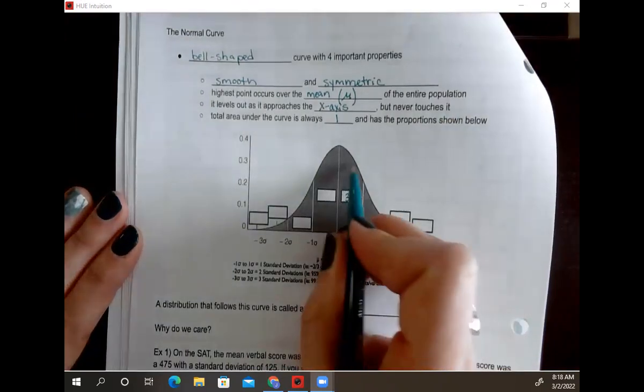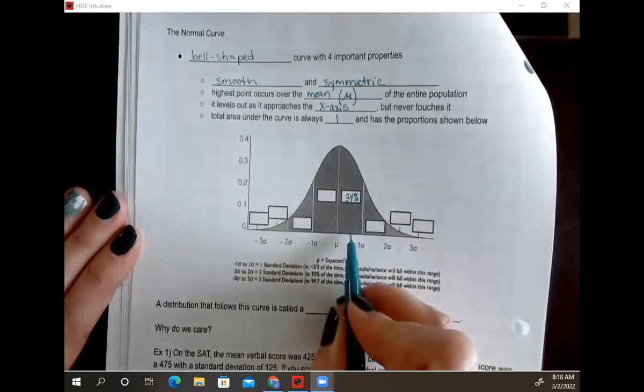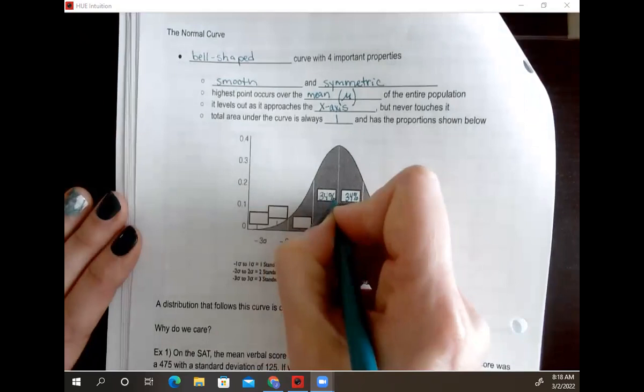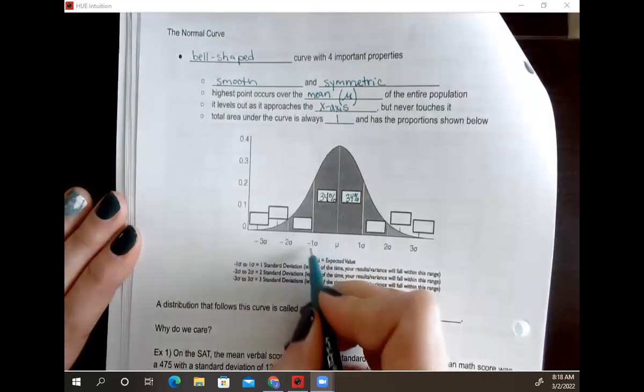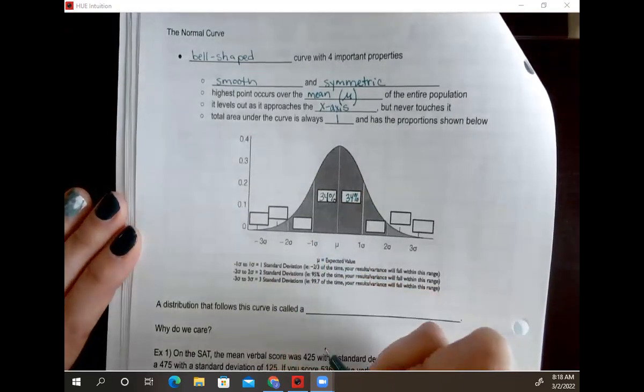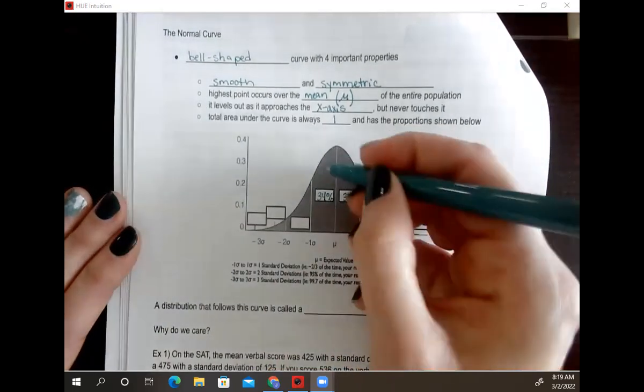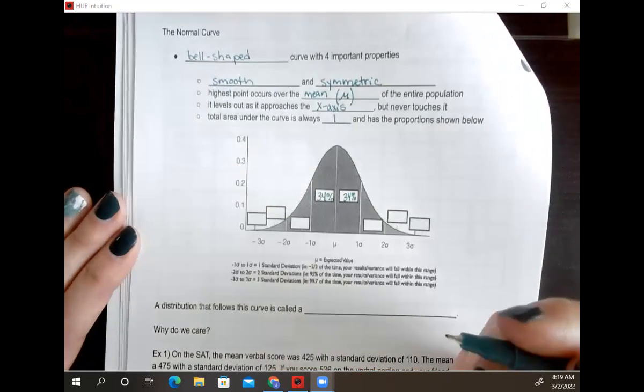So 34% of our data is in this chunk of our curve. 34% of our data is also between 1 standard deviation below and the mean. Remember that our curve is symmetric. So however much data I have in this section, I have the same amount in this section.